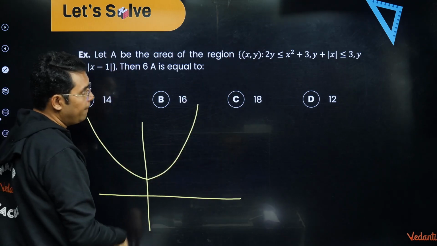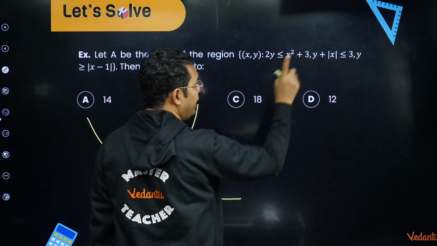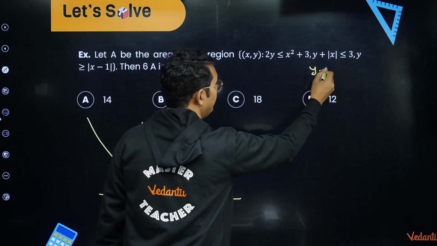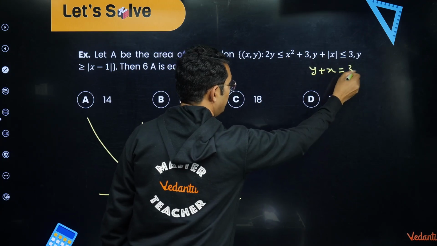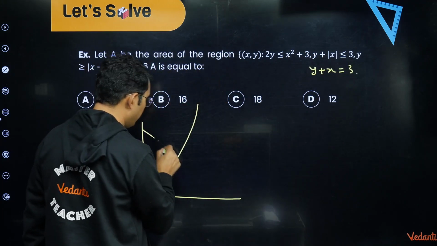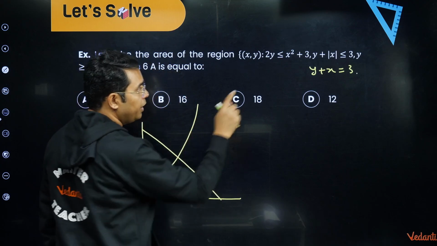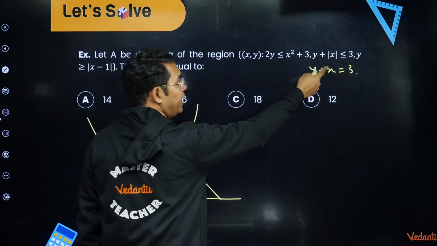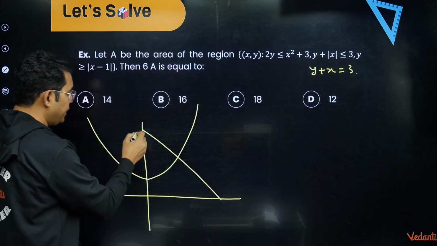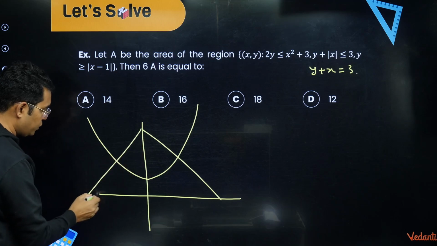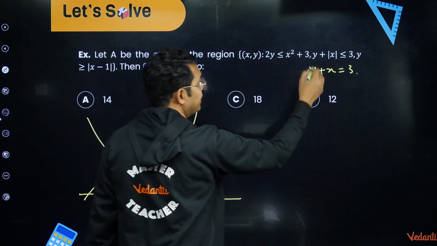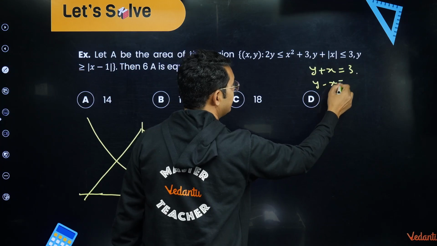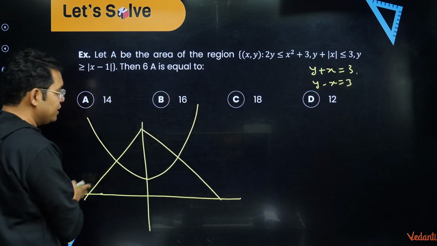And then second thing, if I take x as positive, it will be y plus x equal to 3. That is nothing but this kind of straight line. Because it should be symmetrical about the y-axis, because you can put x or minus x, it should give you the same thing. So this other portion, that means when x is negative, it will be y minus x is equal to 3, given by this part.